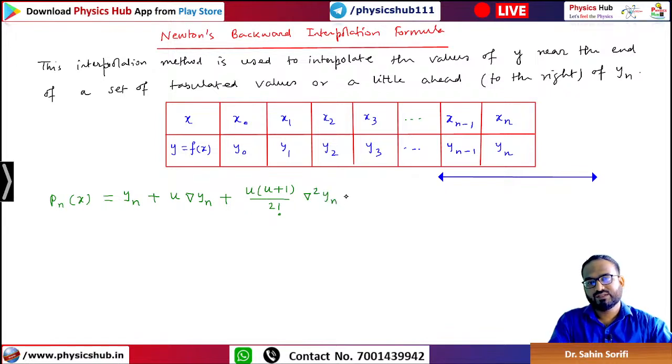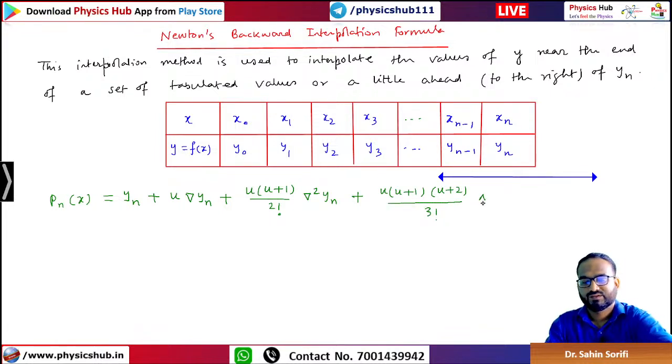Here you see we are taking the values from below: u into u plus 1, u plus 2, divided by 3 factorial, nabla cube yn, and so on.